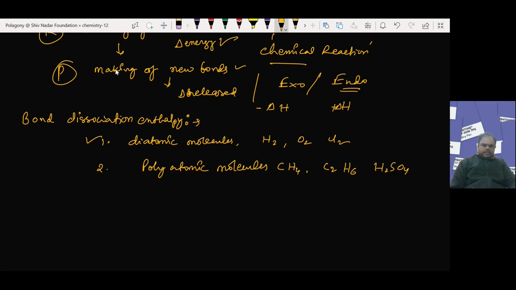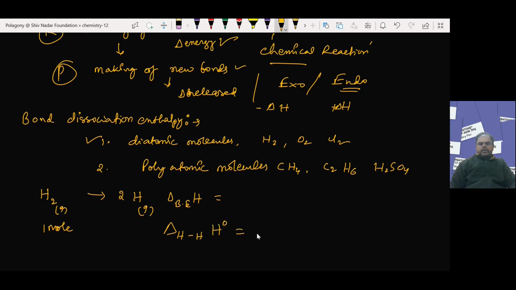Just now, as I mentioned, for H2, if you take 1 mole of H2 gas consisting of 1 mole of molecules, and break them to get free gaseous hydrogen atoms, the bond dissociation enthalpy is equal to the energy required, which is the bond dissociation enthalpy of hydrogen for 1 mole.